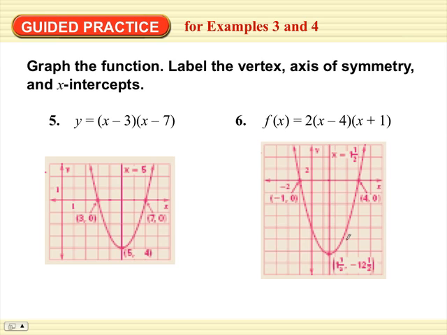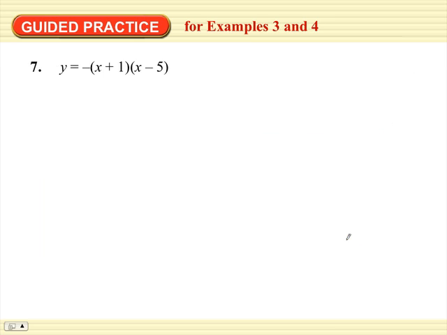So I want you to be able to graph in intercept form and vertex form. FOIL method. Now, you guys remember FOIL? If I put y equals x minus 1 times x plus 3.